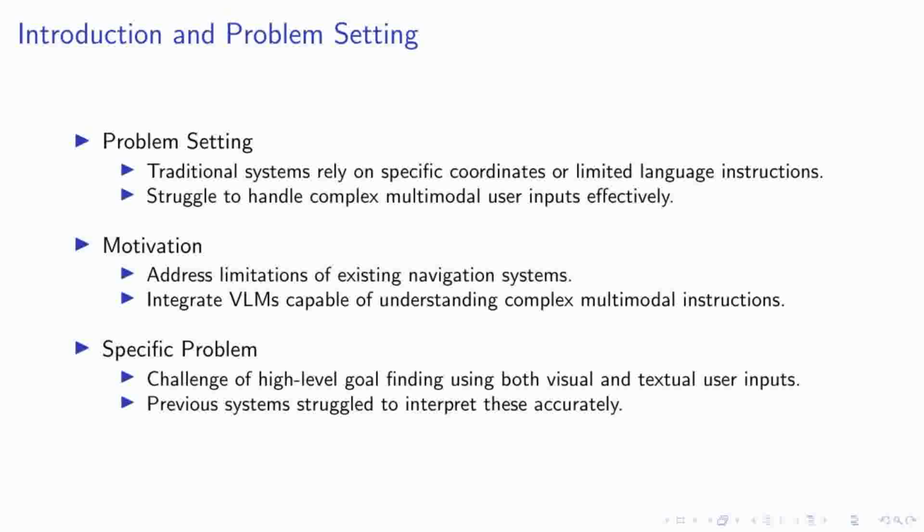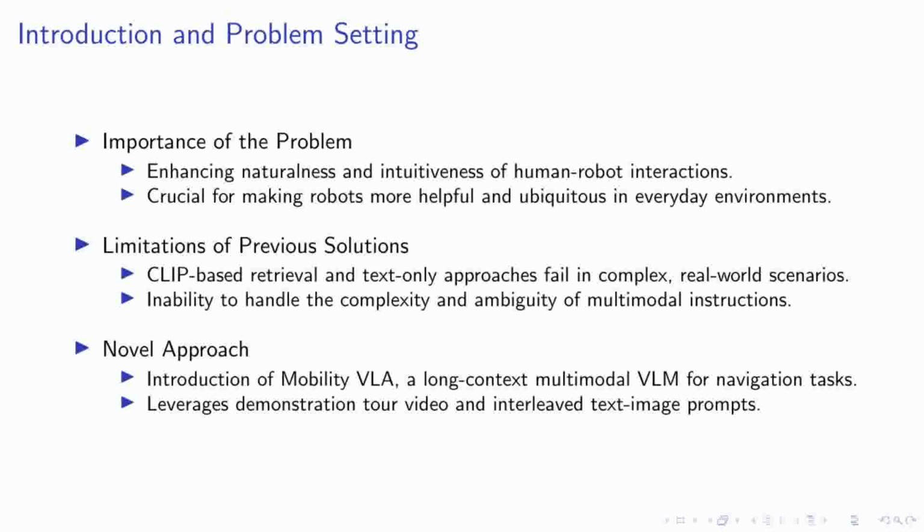capabilities. Enhancing the naturalness and intuitiveness of human-robot interactions is paramount for integrating robots seamlessly into our daily lives. Traditional methods, such as client-based retrieval and text-only approaches, often fall short in real-world scenarios where instructions are multimodal and laden with ambiguity. To address these challenges, we introduce the Mobility VLA, a visionary long-context multimodal vision language model specifically designed for navigation tasks.